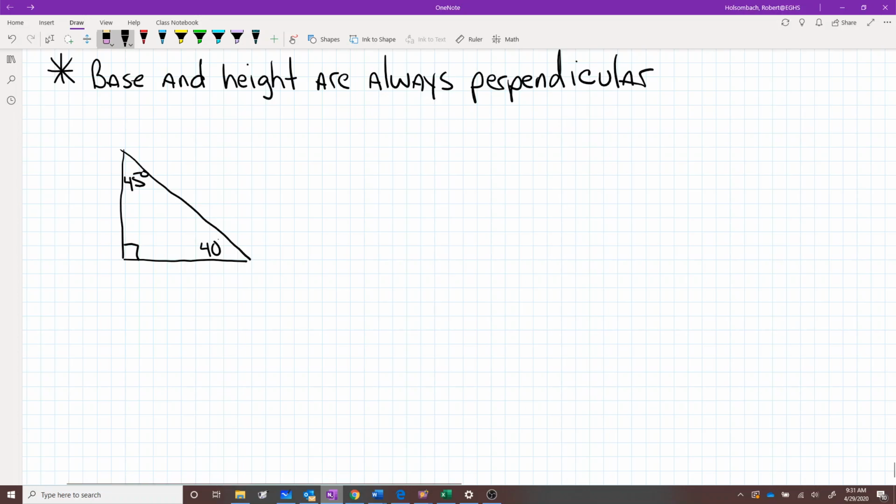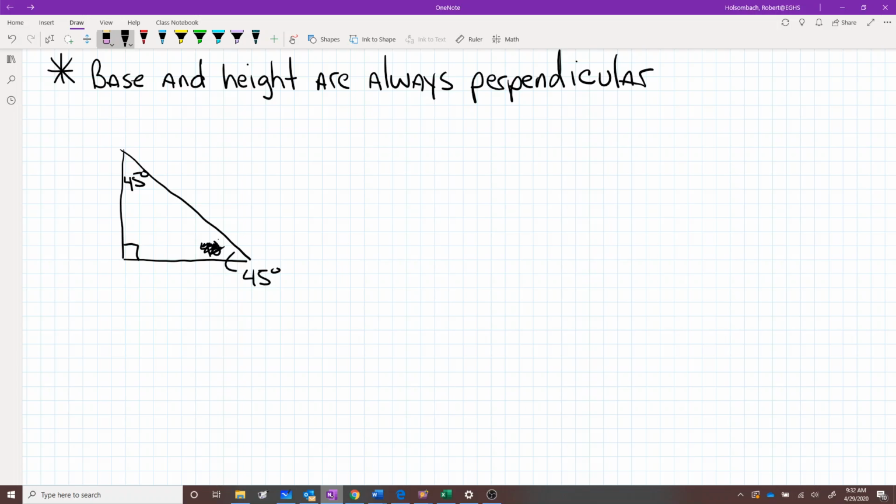This is supposed to be a 45, 45, 90. Oh boy. Okay. We're going to scratch that out. We're going to make this a 45 since my eraser won't work.